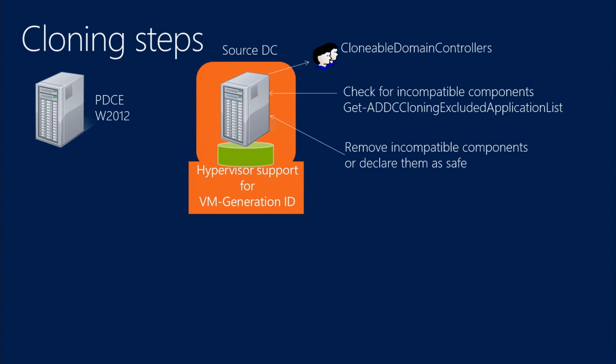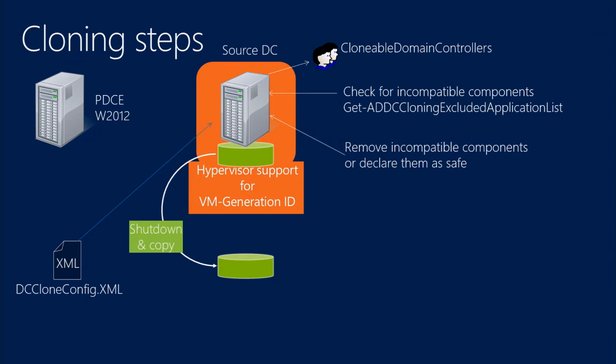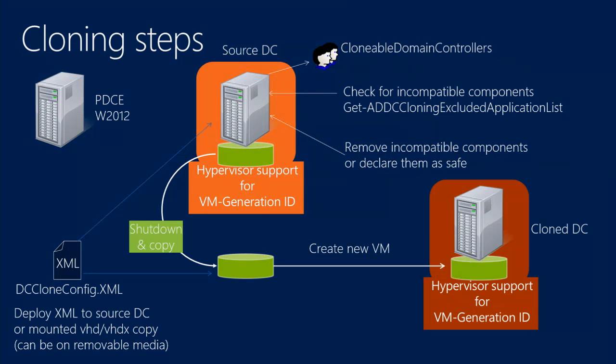We then remove incompatible components, declare them safe. We create a cloning XML file which tells us what the new DC should look like. We shut down our clone source, copy the VHD, and then we create a new clone DC from that VHD file. And this gives us a very, very rapid way of deploying our DCs.